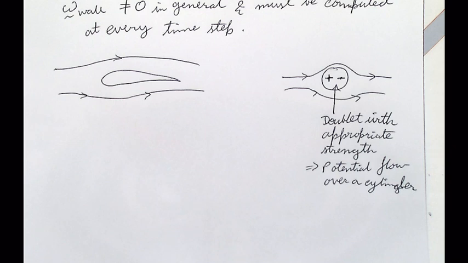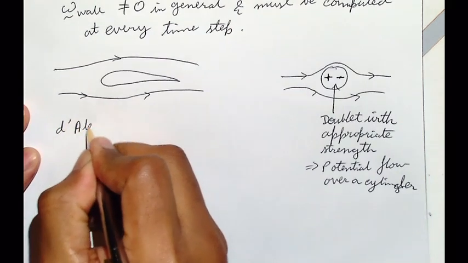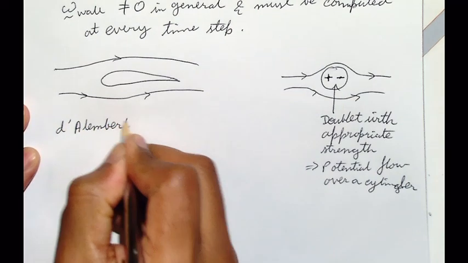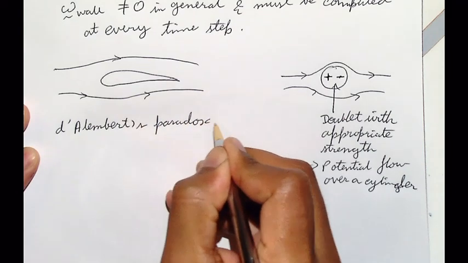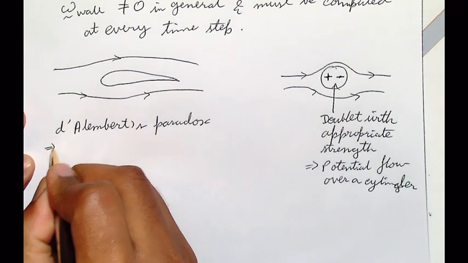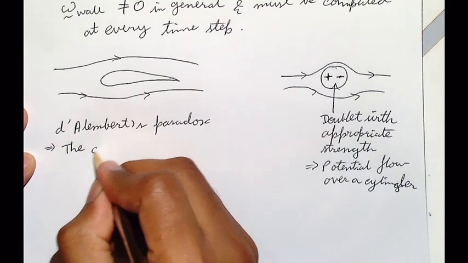Do you remember what it says? I forgot. Does anybody else remember? Okay, so D'Alembert's paradox was that the airfoil does not generate any lift in potential flow.